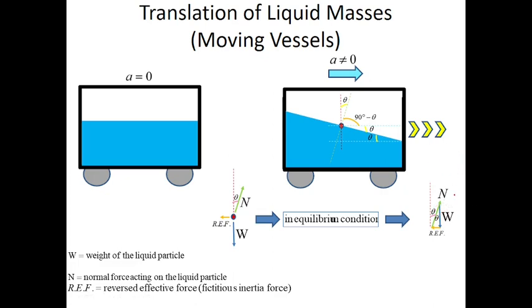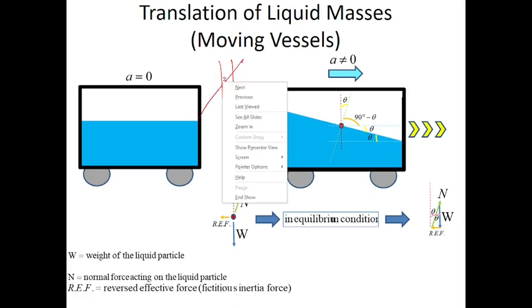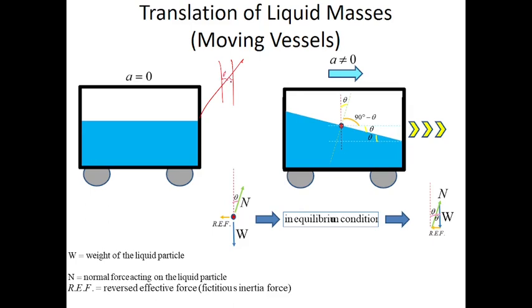Basta merong dalawang parallel line, tapos merong transversal, sabihin niyan, itong angle na to ay equal dito. Alternating angles kasi sila. So, that's a lesson in geometry.